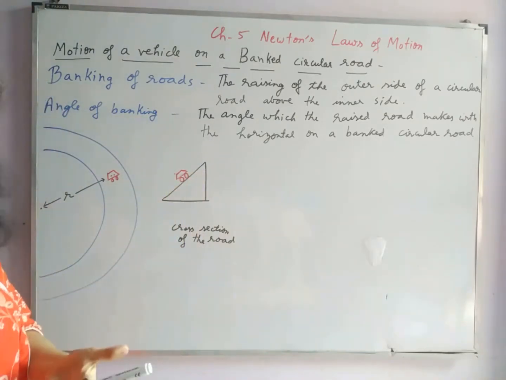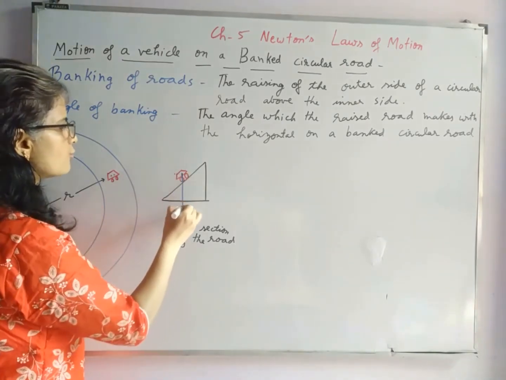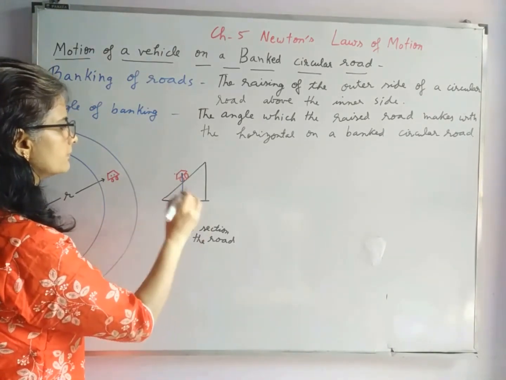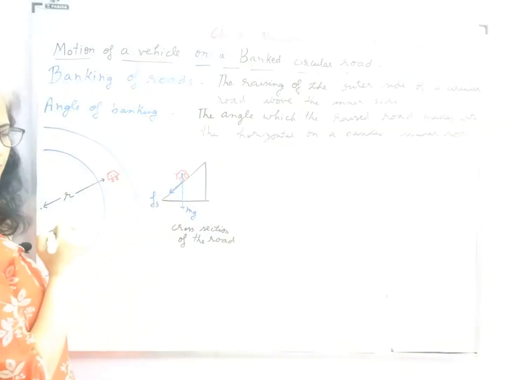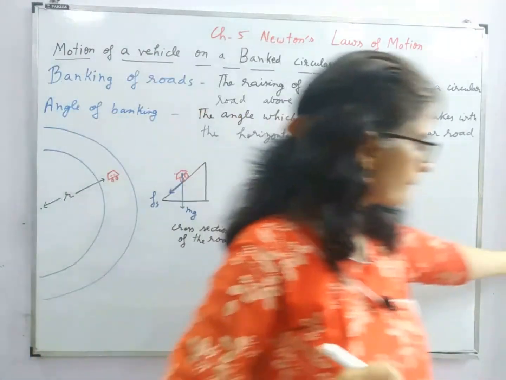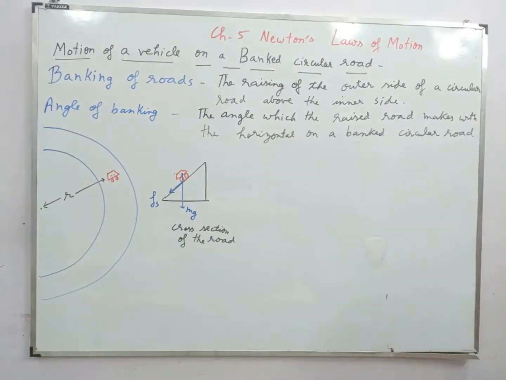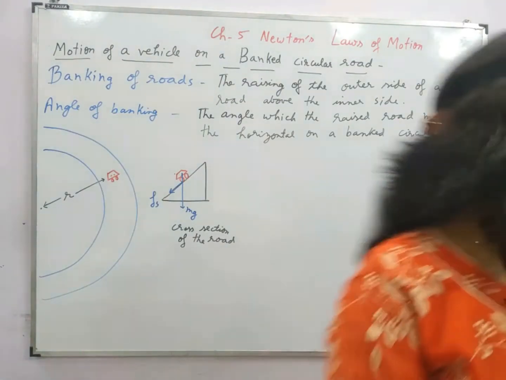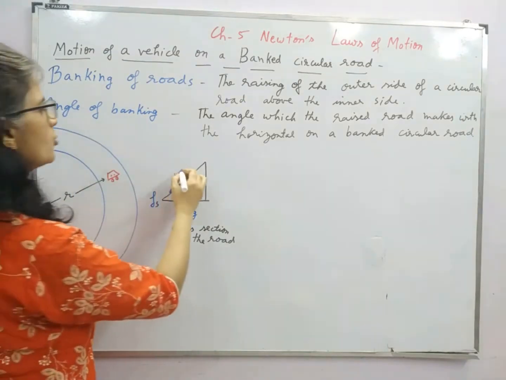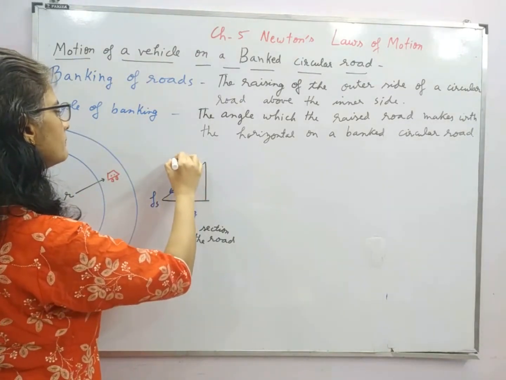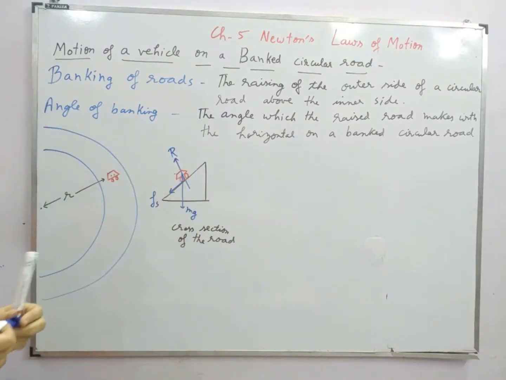I have to mark all the forces acting on it. The first force is the weight acting downwards. Now the friction force is acting parallel to the surface. Normal reaction acts normally outward.